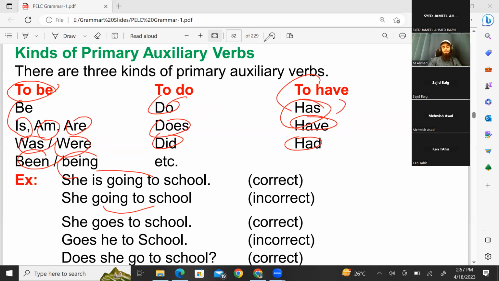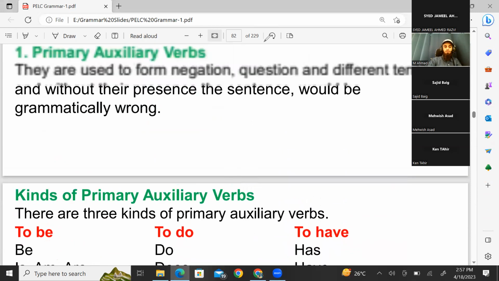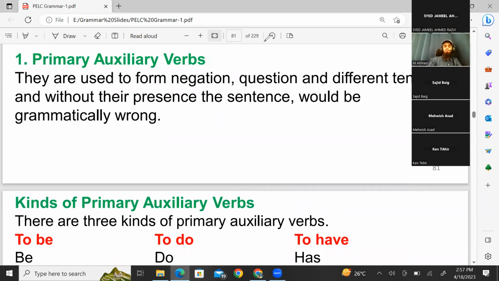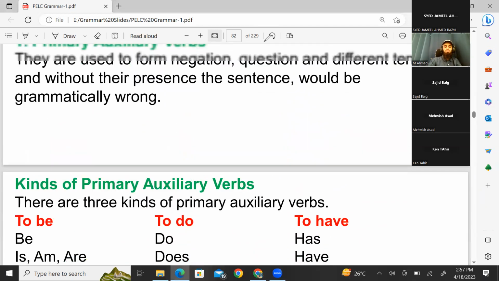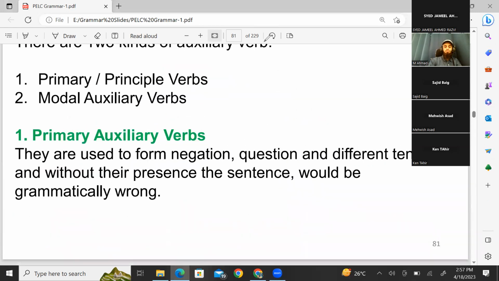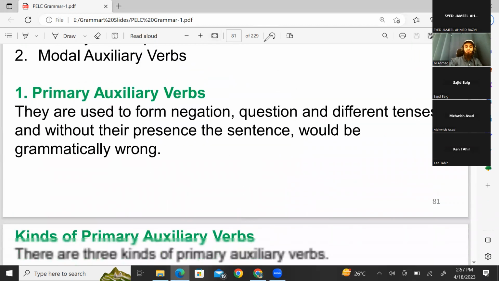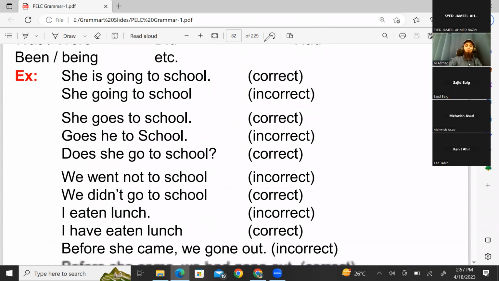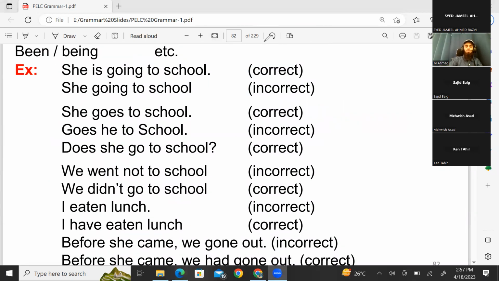Why is it incorrect? Without the presence of these auxiliary verbs, the sentence would most of the time be incorrect. If there is a requirement, like she is going to school, but if you directly say she going to school, incorrect, right? Because of the absence.